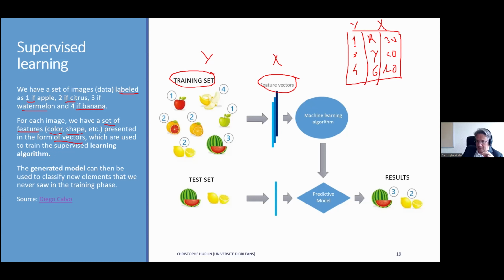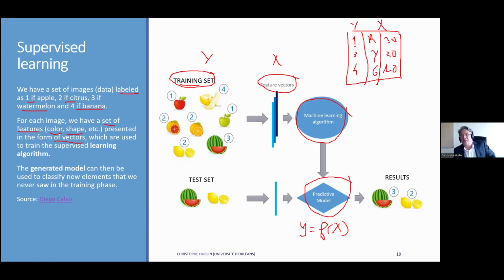This training data set is introduced in an algorithm. What is an algorithm? It's a kind of code, a sequence of program, that will generate a model. A model is a functional form Y, which is equal to a function f or h of x.